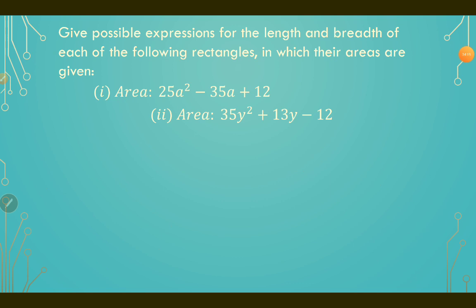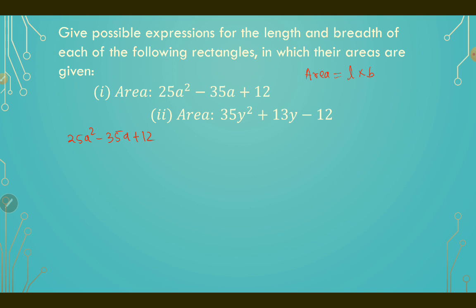What are the possible expressions for length and breadth of each of the following rectangles in which their areas are given? The area of a rectangle is nothing but length into breadth. So, there should be two quantities. So, we have to split the middle term to find the required quantities.